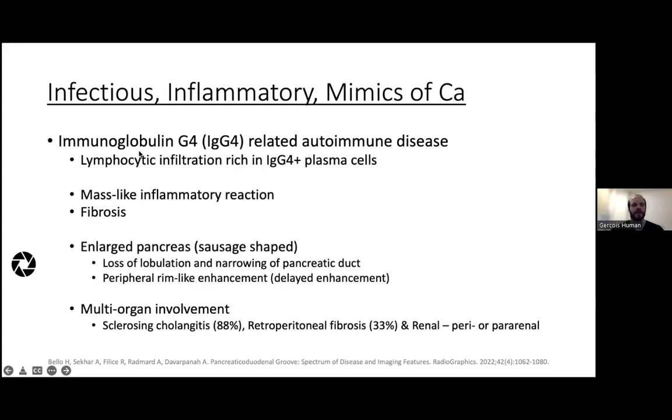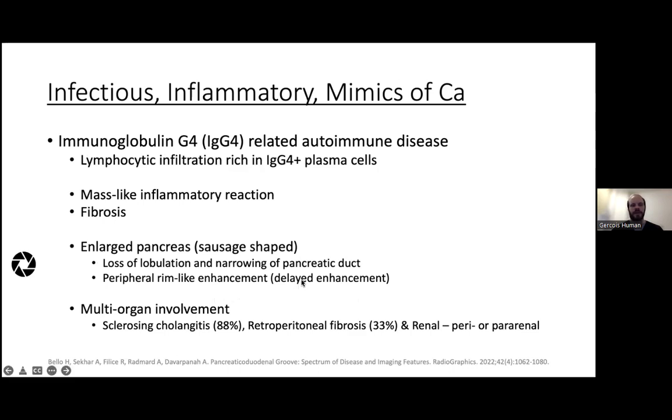Not to forget about IgG4 autoimmune disease, which is a lymphocytic infiltration rich in IgG4 plasma cells. It's usually identified by a mass-like inflammatory reaction causing fibrosis. The pancreas will have a sausage shape, which is the term used for it, and in some instances it will also have a peripheral rim-like enhancement on the delayed imaging.